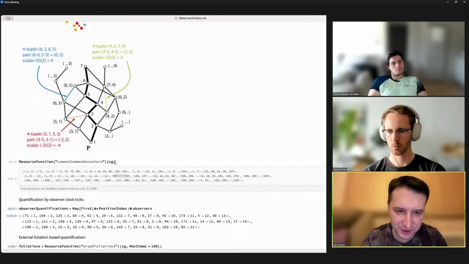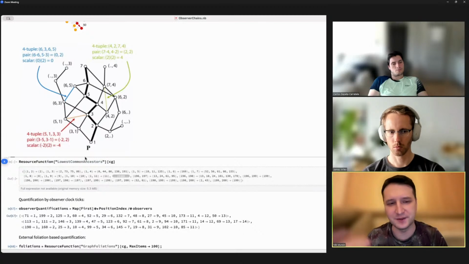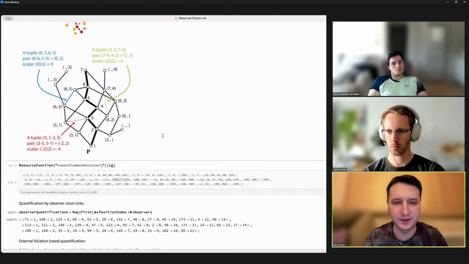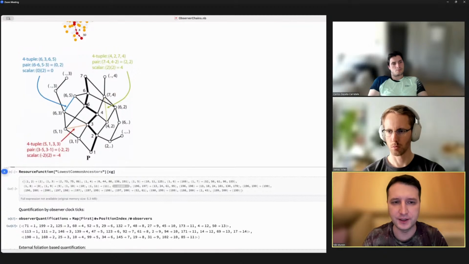I think I haven't finished it yet, but I made this function, which is the closest you can get, in the most general case, to assigning coordinates to events around an observer chain. It's maybe one line of code away from this function.